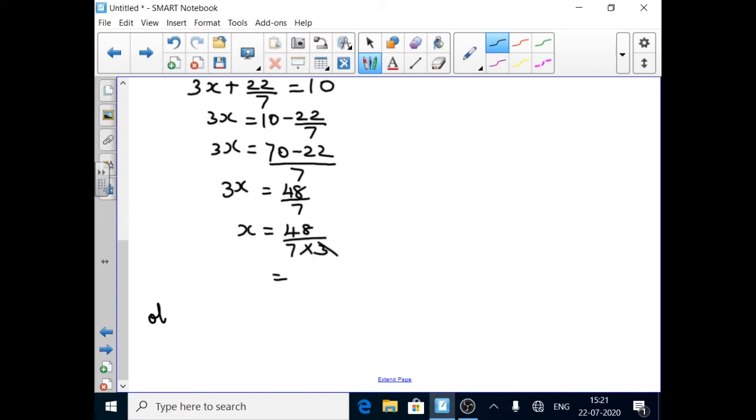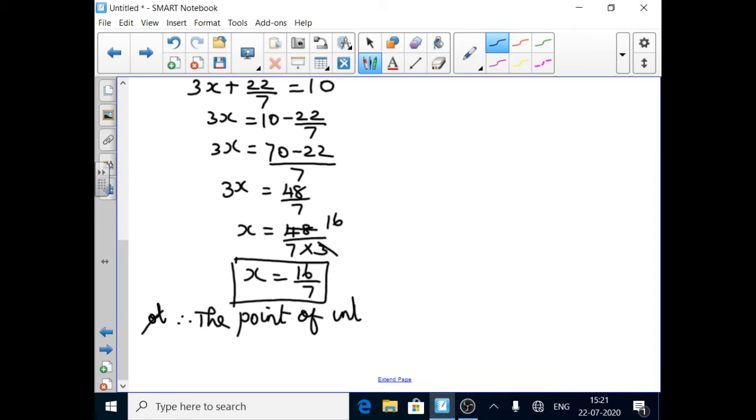Cancel in the 3 table, one time we have 16 times. So 16 by 7. So x equal to 16 by 7, y equal to 11 by 7. Therefore, the point of intersection is... x value you have to write first.